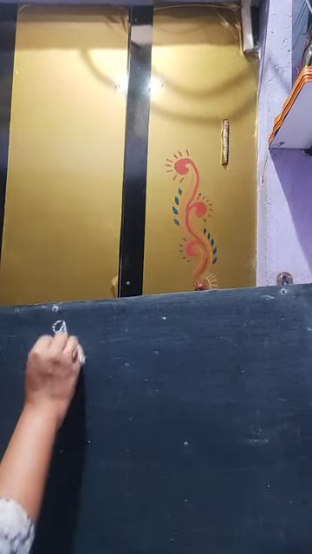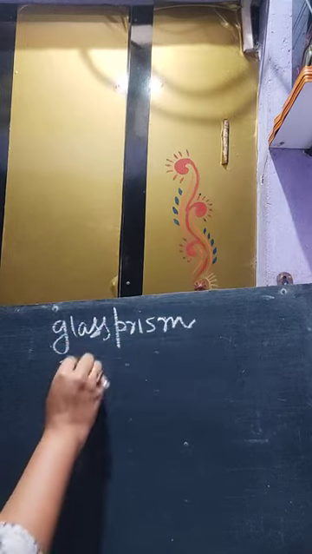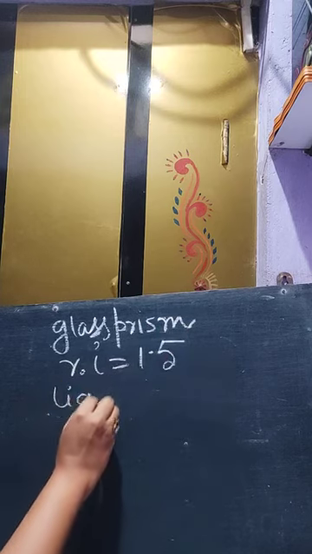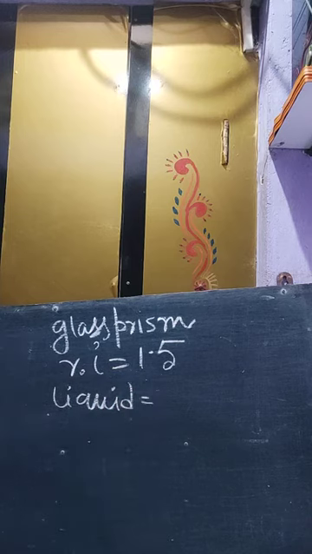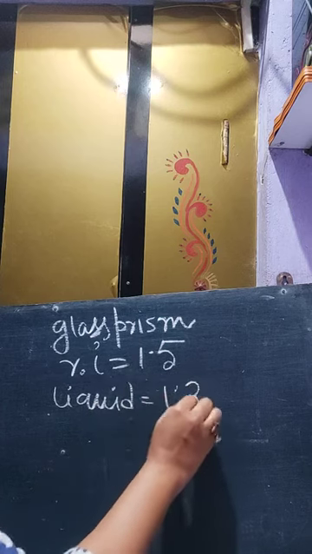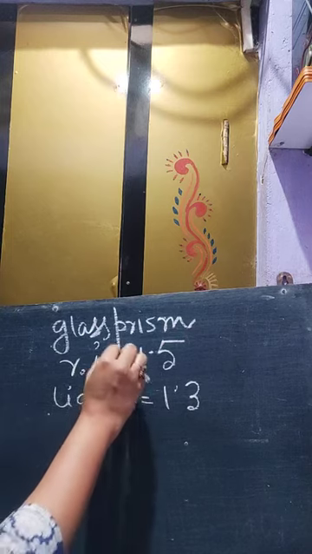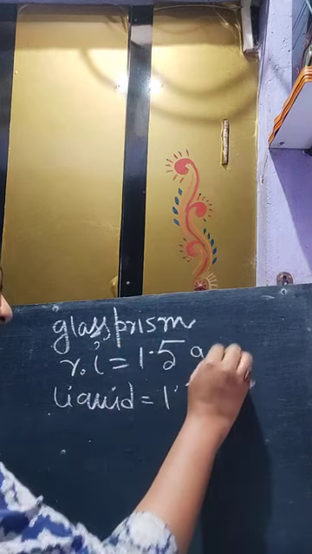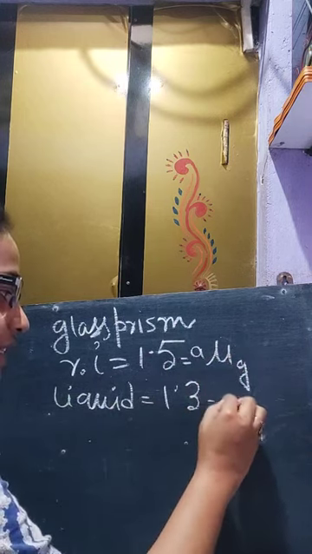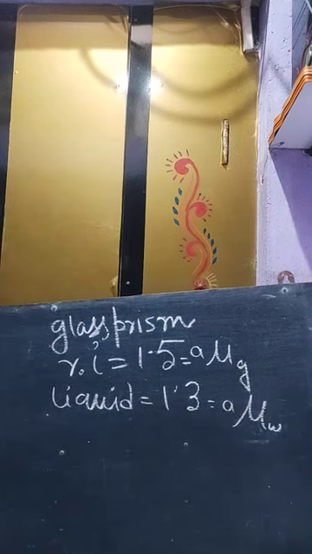For the glass prism, the refractive index is 1.5, and the liquid in which the glass prism is immersed has refractive index 1.3. So we can write a mu g as 1.5, and a mu w as 1.3.